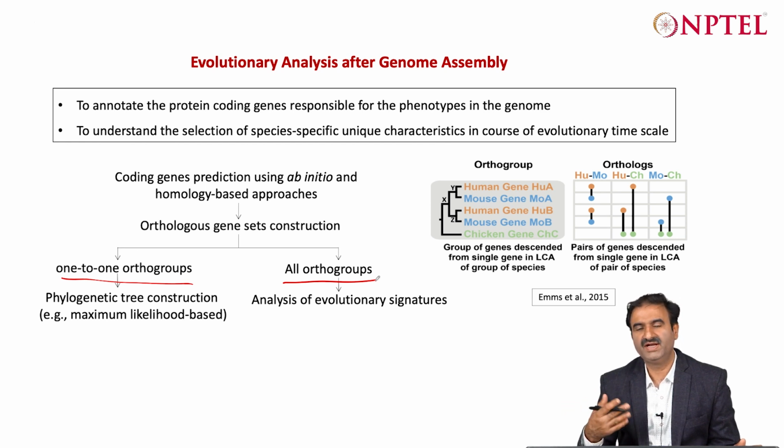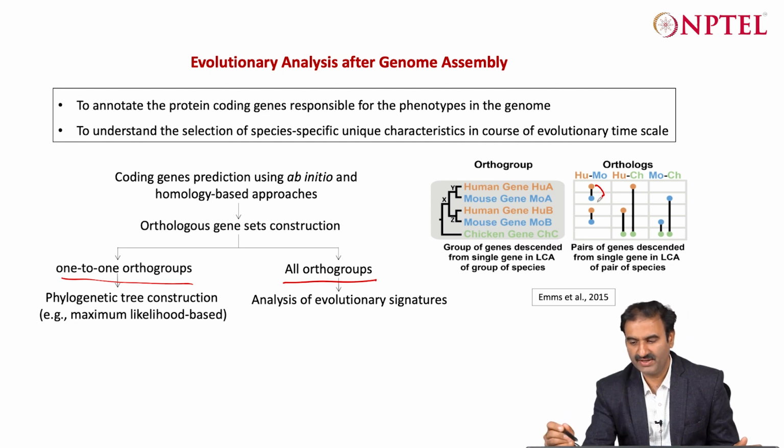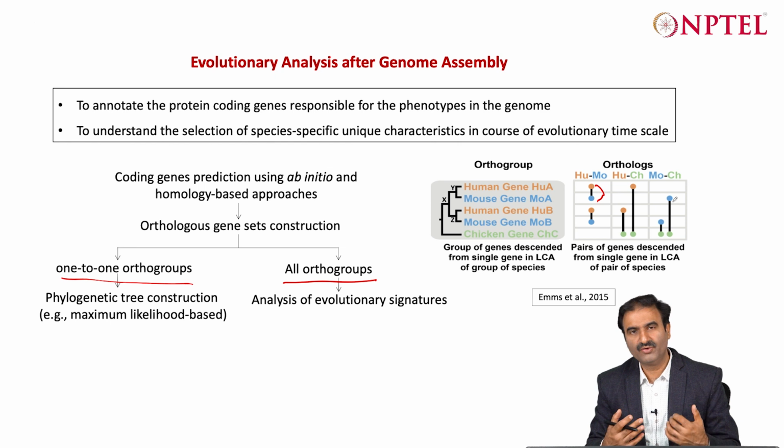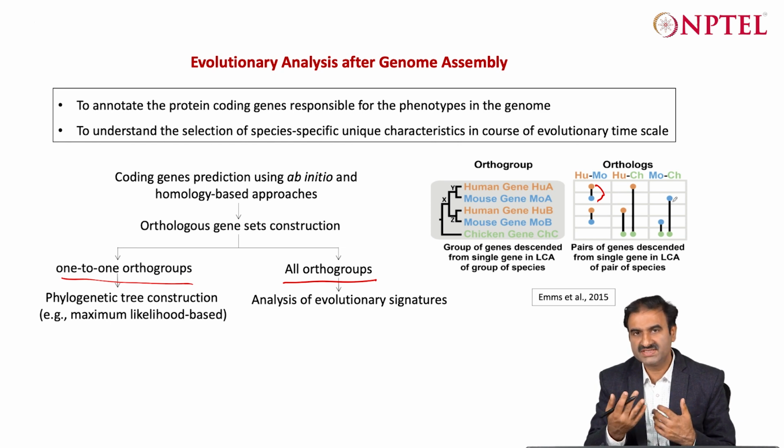But now in the different species they might have undergone some changes because of speciation events or species-specific changes. Like human and mouse, you can see orthogroups, orthologs, okay, human chimpanzee, okay, mouse chimpanzee. So these are the genes which are commonly present across these. It is not that for all the genes in human I can find orthologs in chimpanzee, right. Chimpanzee and gorilla may be the closest, so I can find most of the genes as orthologs.